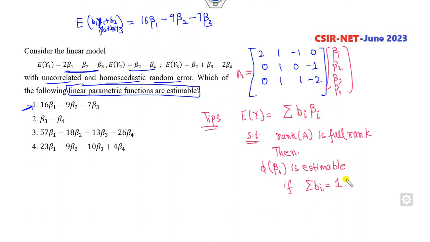That is, the coefficient of b_i is 1. That's a simple remark, a simple result, or you can say a simple shortcut tip for you.